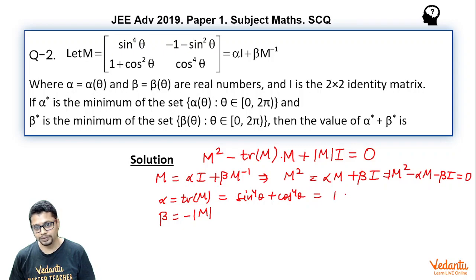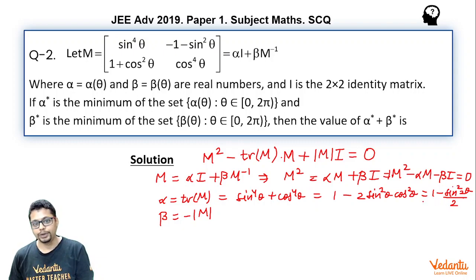So basically it becomes 1 minus 2 sine square theta cos square theta, which you can also write as 1 minus sine square 2 theta by 2.